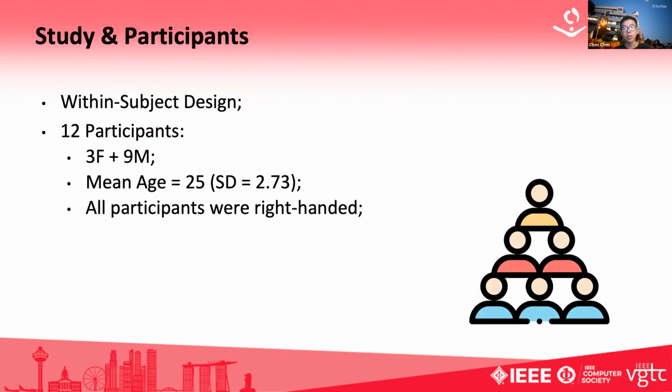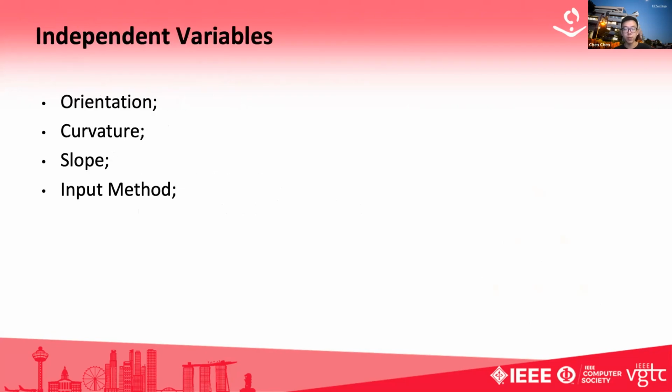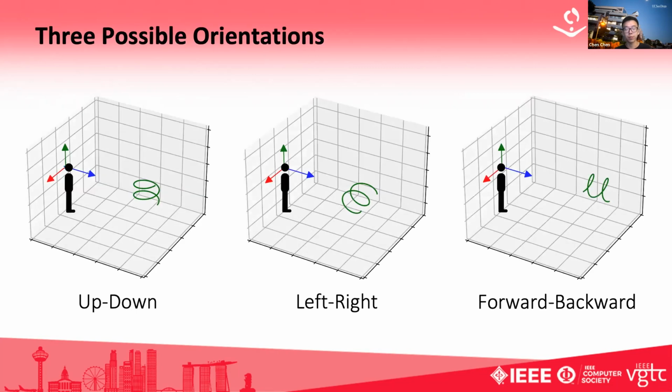With this observation, we therefore designed a within-subject experiment with 12 participants. We considered 4 independent categorical variables, including orientations, curvatures, slopes, and input methods. For orientation, we considered 3 possibilities: up-down, left-right, and forward-backward.